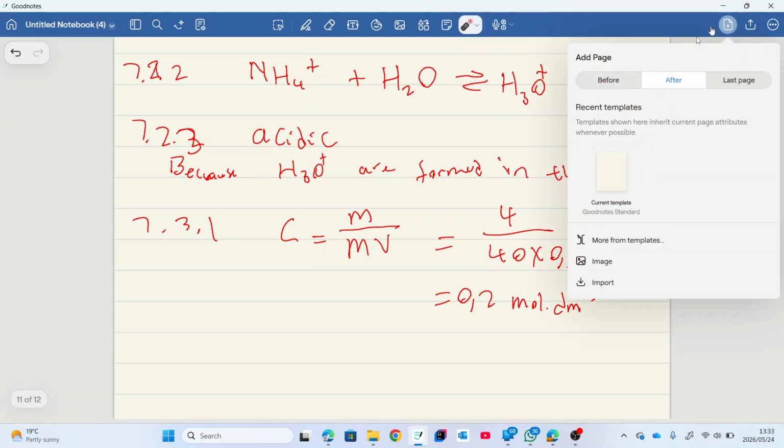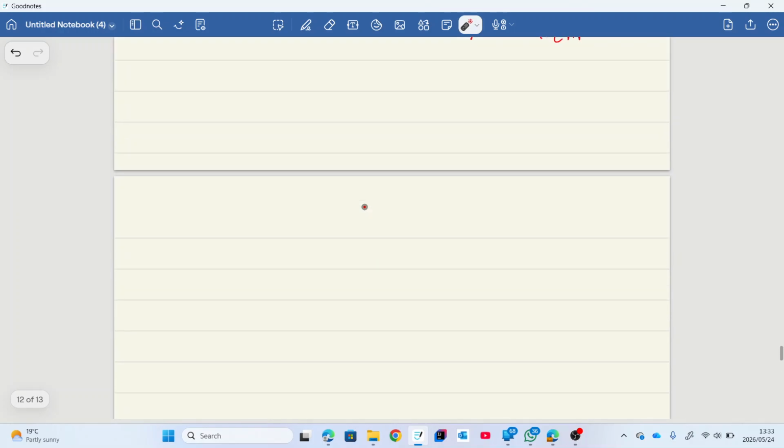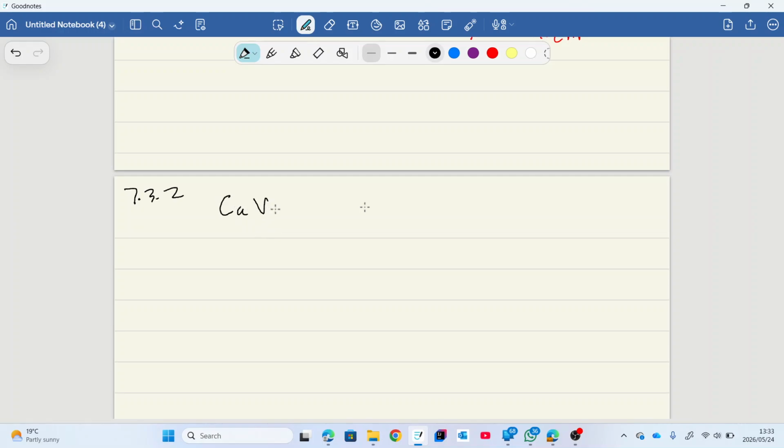So let me create its own page so that I can write it on one page. Okay, now 7.3.2, the equation that I was talking about, CaVa divided by CbVb over nb.